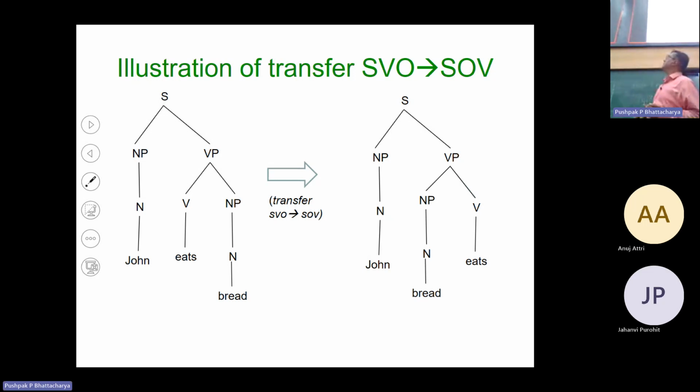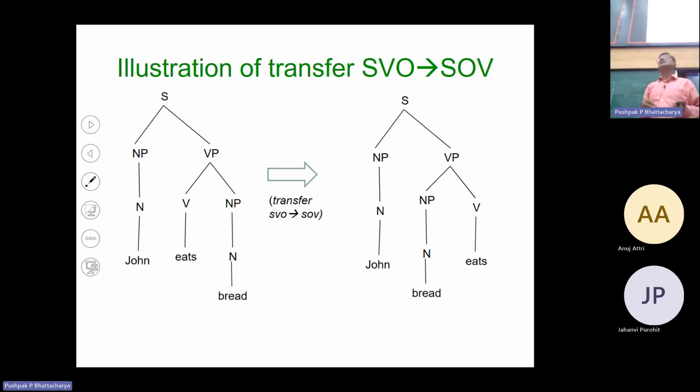You see, you have John eats bread, and John roti khata hai. Suppose by some processing you've got khata and hai together. You have put an underscore. So you have John eats bread and John roti khata_hai.